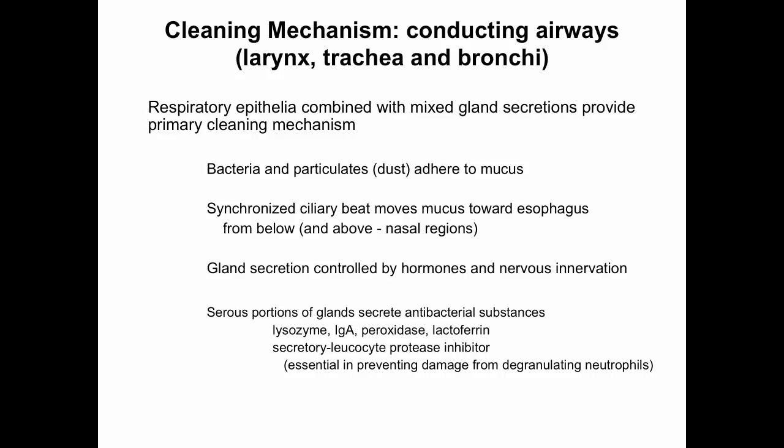The mixed gland secretions are going to provide a mucus coating. This mucus coating is going to trap bacteria and dust particles. The synchronous beating of the cilia is going to move that mucus towards the esophagus from the regions below the oropharynx, and obviously from the regions above the oropharynx it's going to move it towards the esophagus as well.